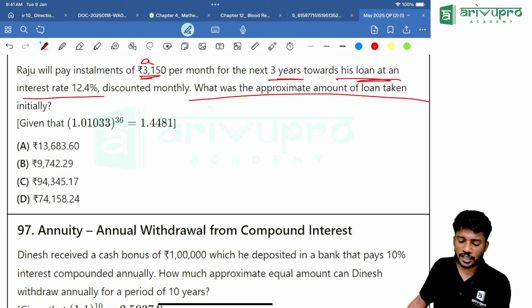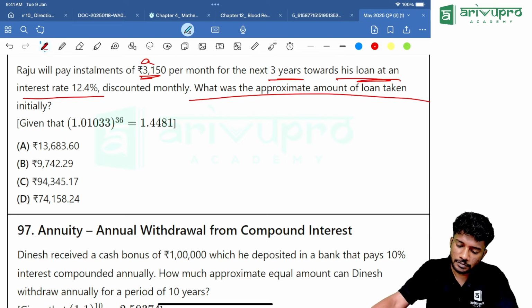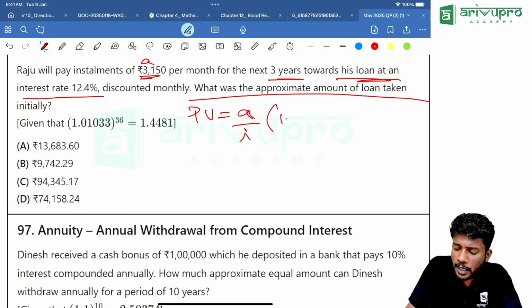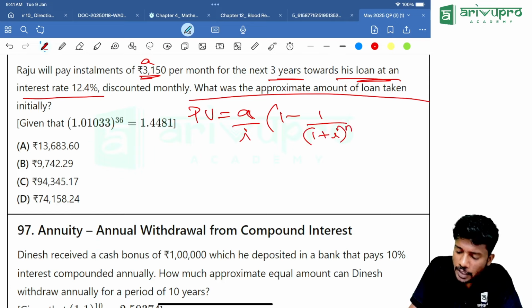What is the formula we are going to use? You can either use the GT method or our formula method. Now my question: annuity regular or annuity due? Anything is given regarding that? Annuity regular. We can go for PV is equal to A by I into 1 minus 1 divided by (1 plus I) the whole raised to n.